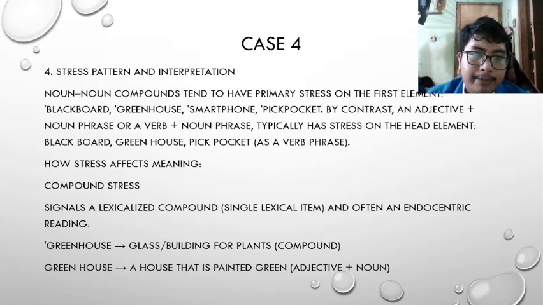How does stress affect meaning? Compound stress signals a lexicalized compound, a single lexical item, and often an endocentric reading. For example, greenhouse is a glass building for plants as a compound. Greenhouse, a house that is painted green, is used as adjective plus noun.